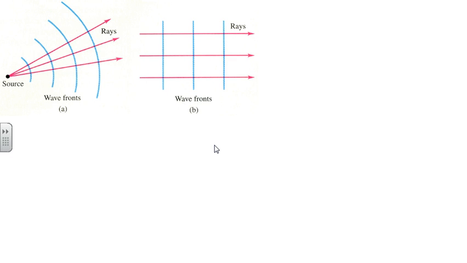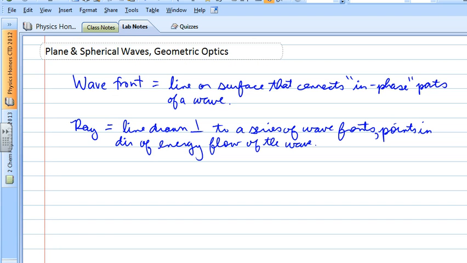Now something else I want to point out is that our eyes can only tell us if a ray appears to come from somewhere. In other words, and we'll come back to this, when you look in the mirror, that is what we call a virtual image. You have a mirror and some object in front of it.